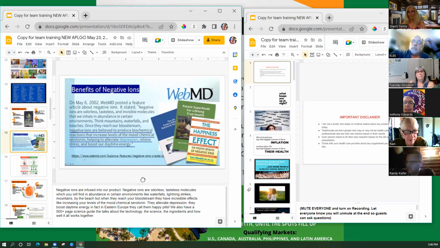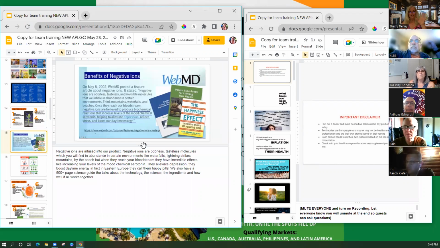So then when we go and talk about the benefits of negative ions, you guys, I usually skip this slide, but because we now have these, by the way, I printed them all off, all 8 of them, and used them at the event. There are people that relate to WebMD and the research papers.